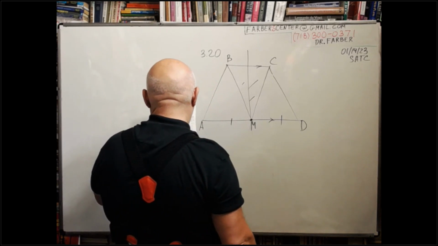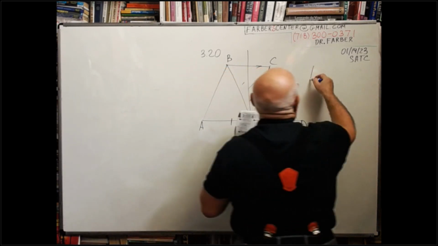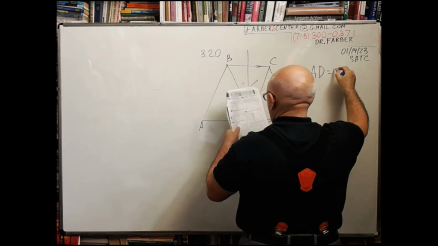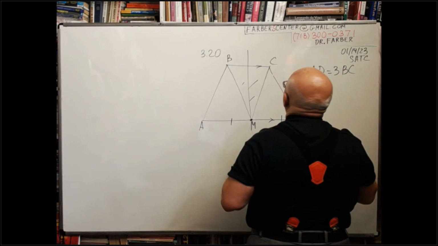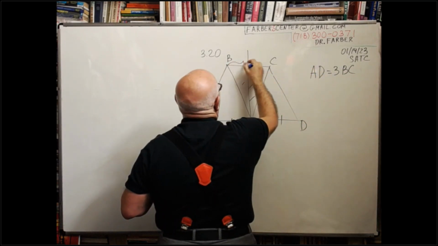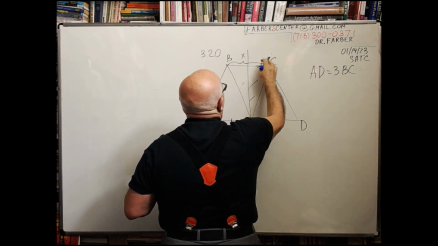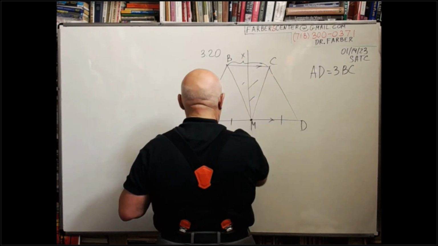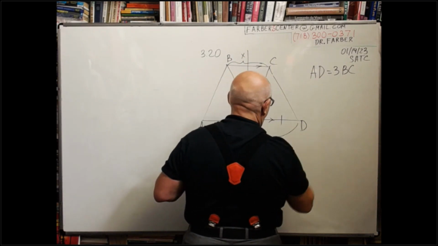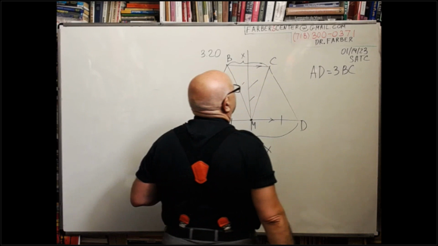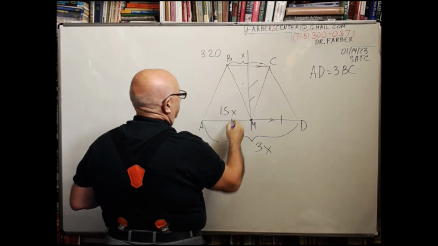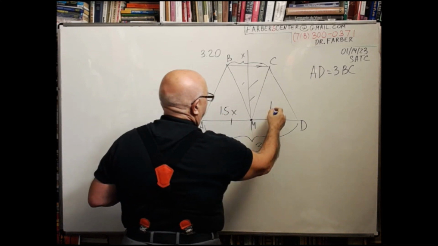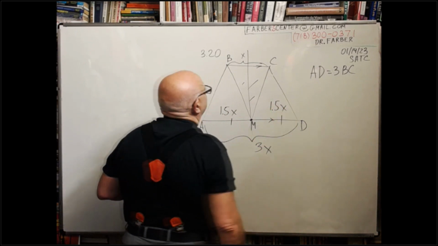Oh, AD is not 3. AD equals 3 BC. So if this is X, this must be 3x. If M is the midpoint, it means this is 1.5x and this is 1.5x as well.